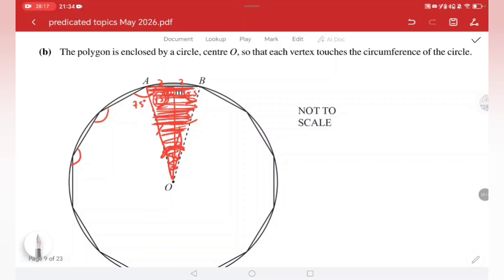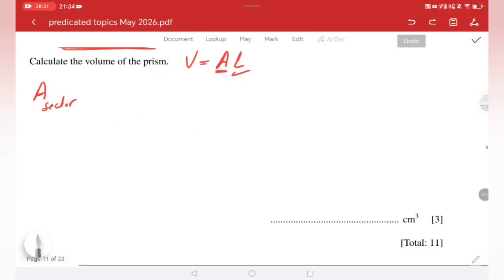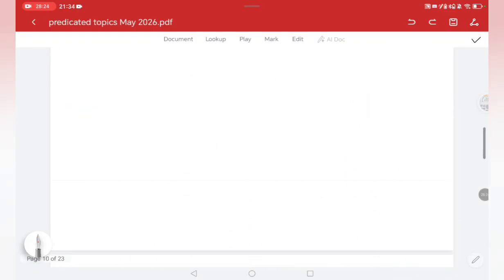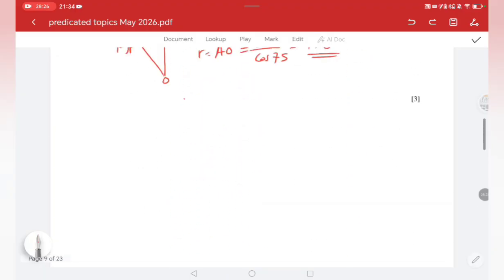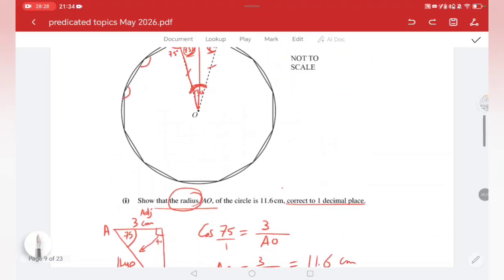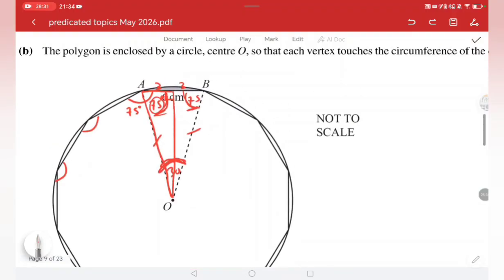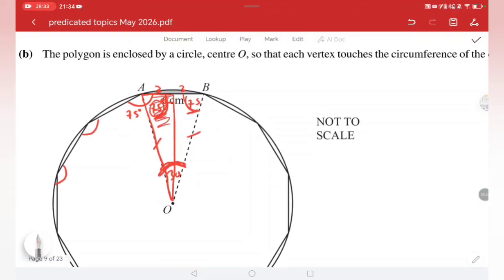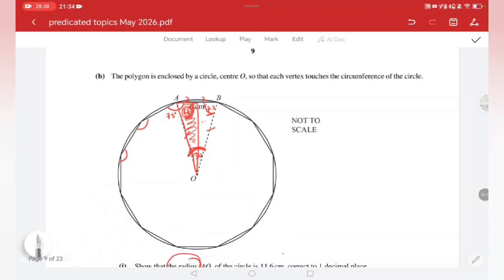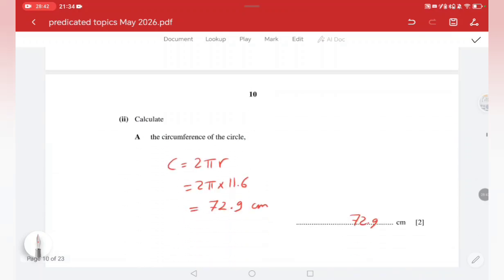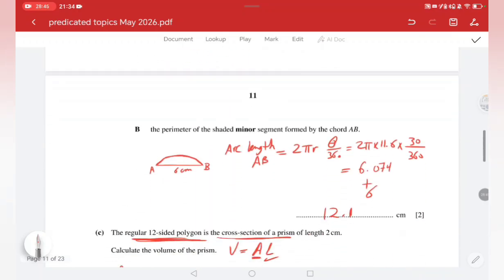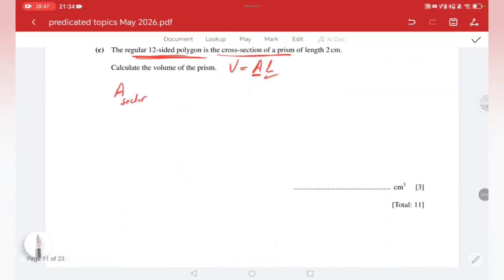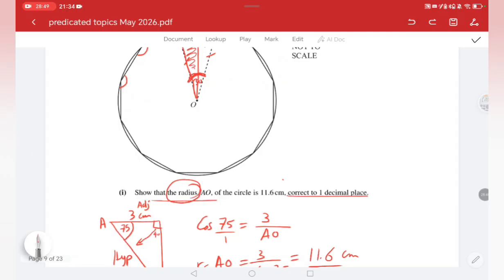You can do it this way, or if you don't want to use the area rule with sine, you may find this one by 1/2 the base times the height, and then multiply by 2 to find the area of one triangle. But it's easier to use the formula of 1/2. So the area actually of not sector.